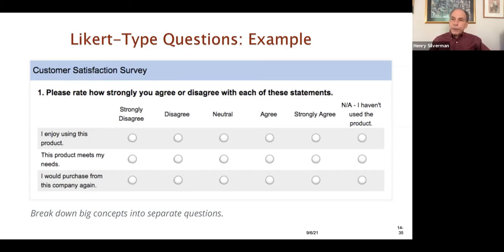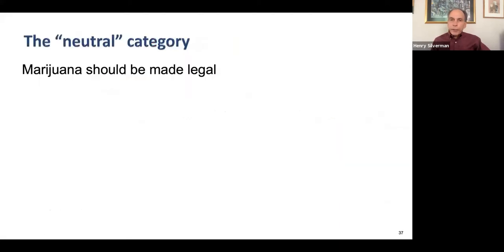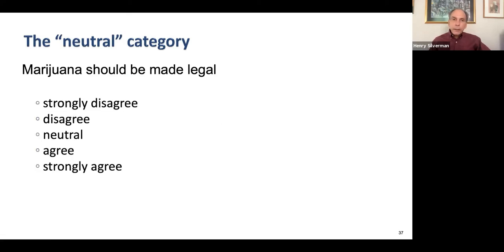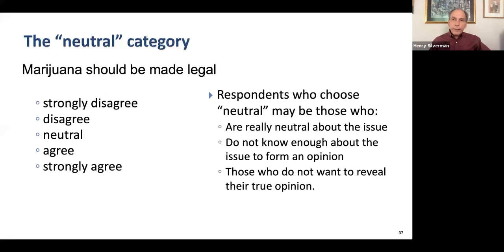And you see here, I haven't used the product at all, not applicable. And many times we forget to use that category. So this question here, marijuana should be made legal, strongly disagree, neutral, agree, strongly agree.